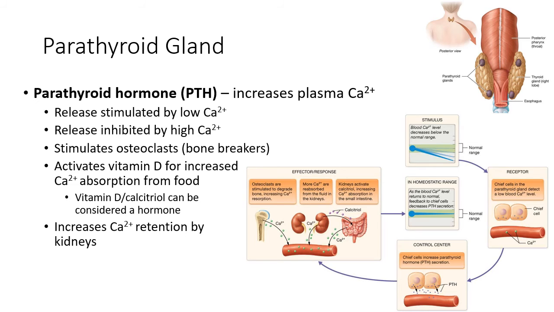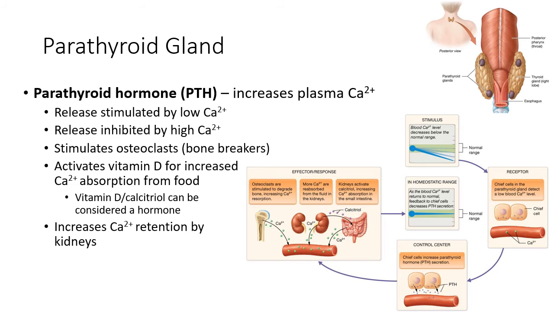The next organ in the endocrine system we'll talk about is the parathyroid gland. This is the first one we're going to talk about that is not controlled by the pituitary gland. So the parathyroid gland makes the parathyroid hormone, abbreviated PTH. The role of parathyroid hormone is to increase calcium levels in the blood.